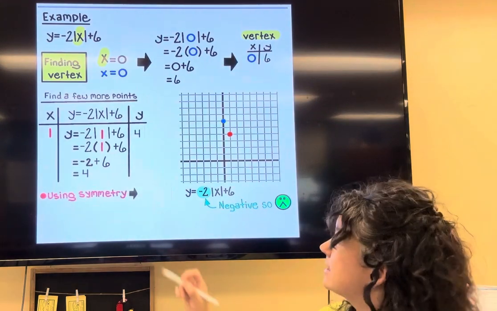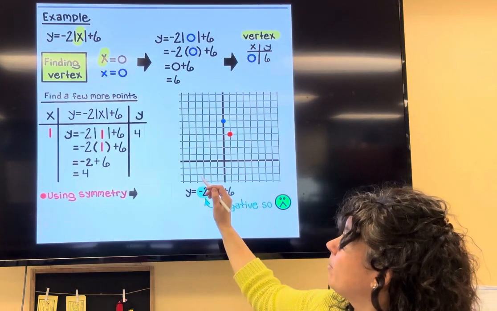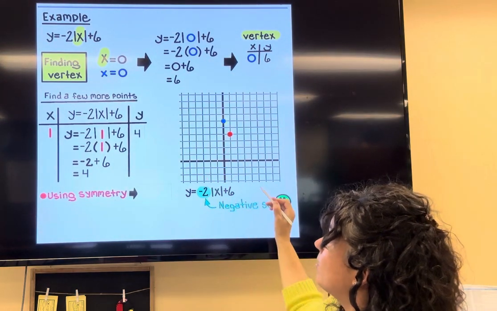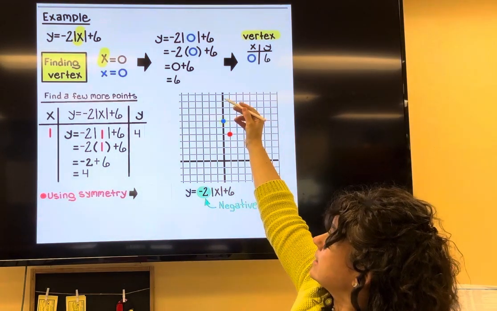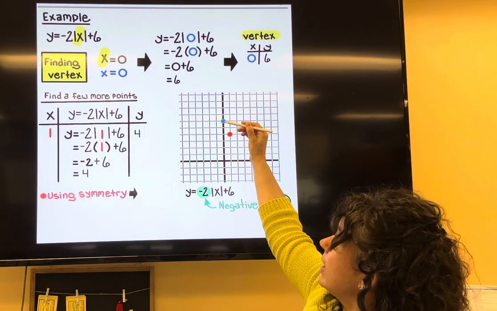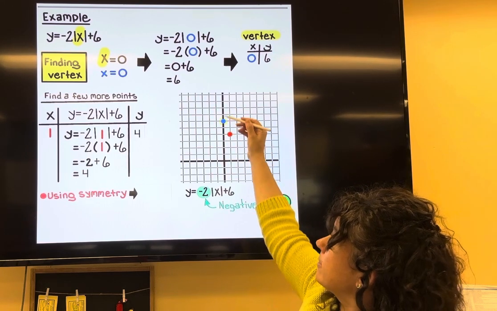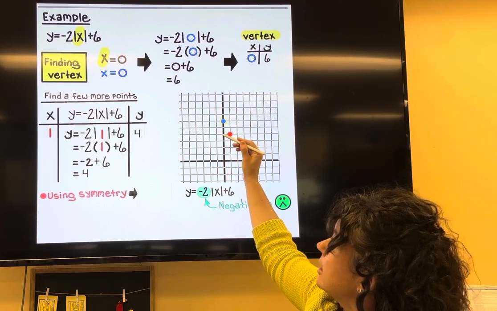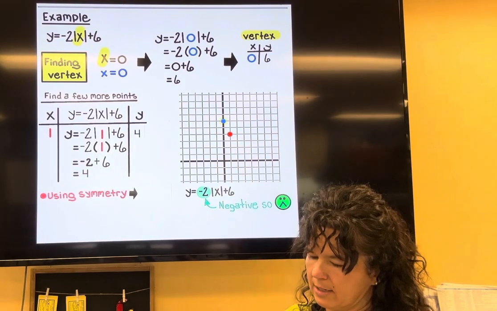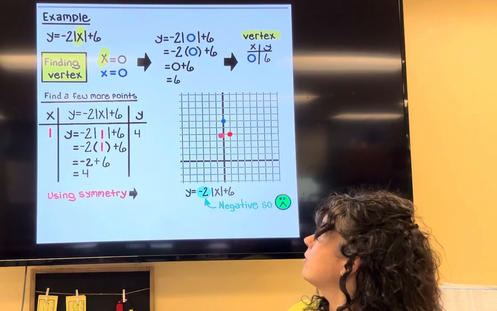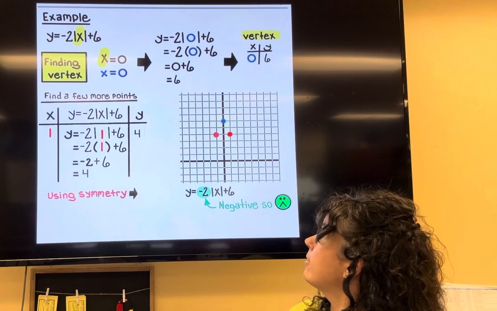I'm going to use some symmetry to find one more point. So if this V is opening down and this is a line of symmetry, then if I jump across, if it was 1 this way of that symmetry line, then it's going to be 1 this way on that symmetry line. So from here to here was 1, so I'm going to go right there.